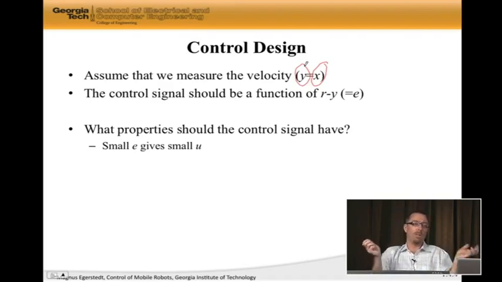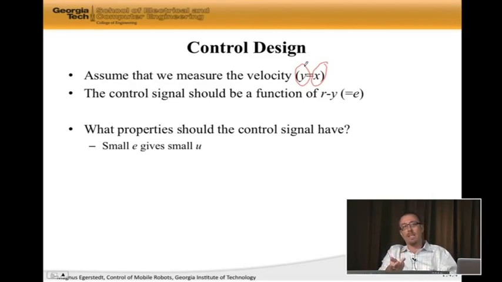The control signal should not be aggressive when we're close to being done. It's like, let's say that you're trying to thread a thread through a needle. Well, when you're really, really close, you shouldn't just jam the thread in there. You should take it nice and slow when you're close. So no overreactions. That's important.